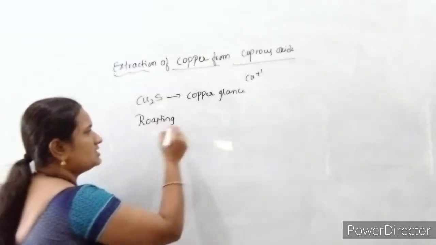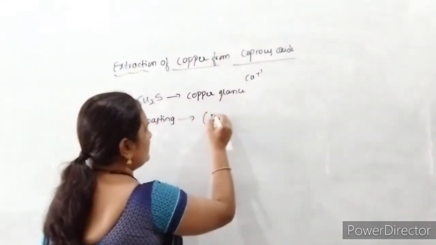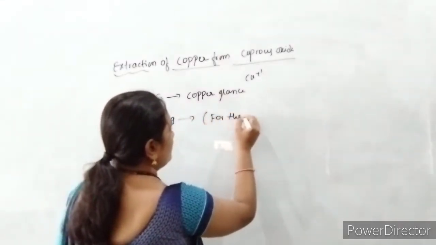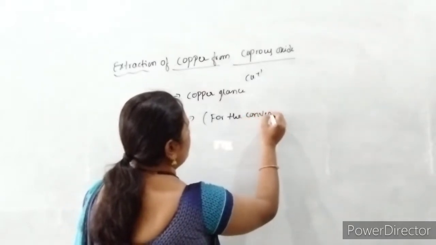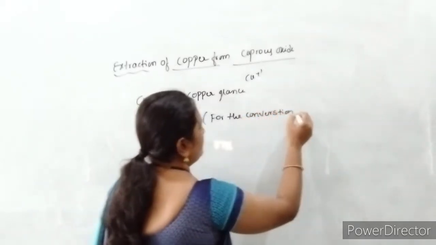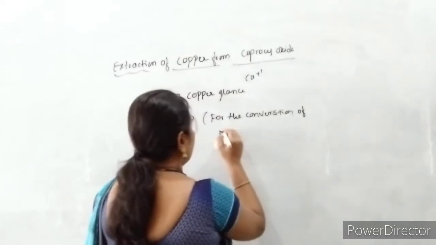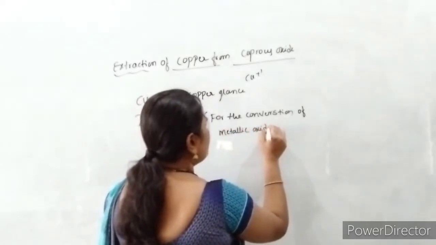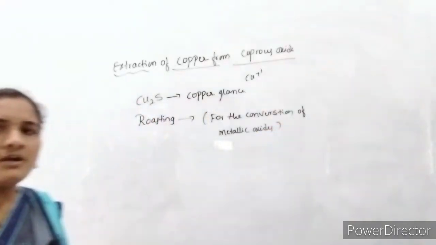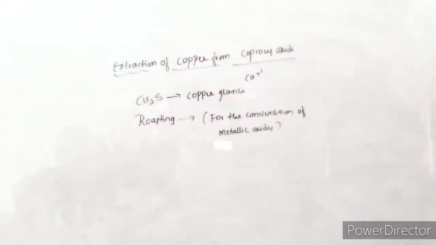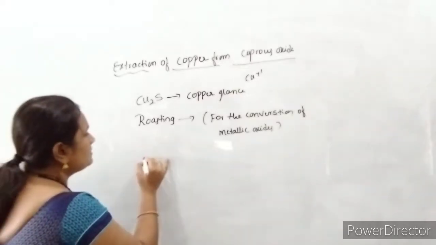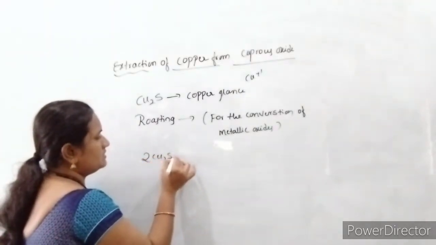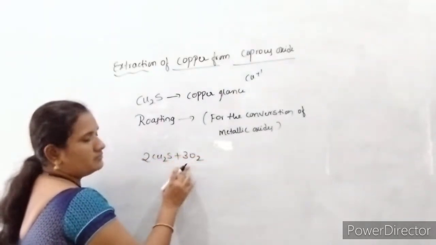So roasting is done for the conversion of metal into metal oxide. Here copper sulfide is there, so 2Cu2S undergoes oxidation with air.